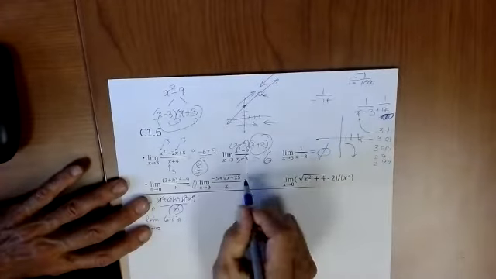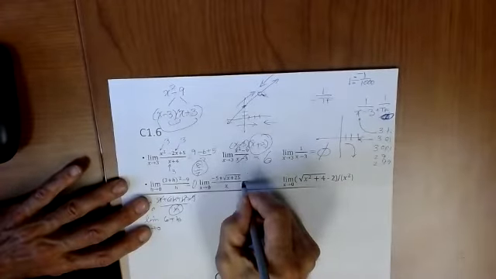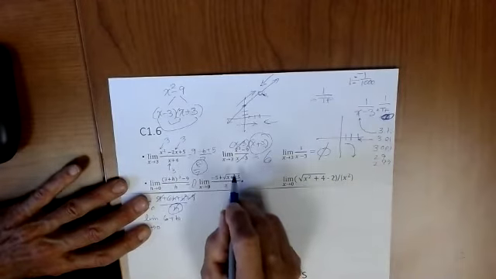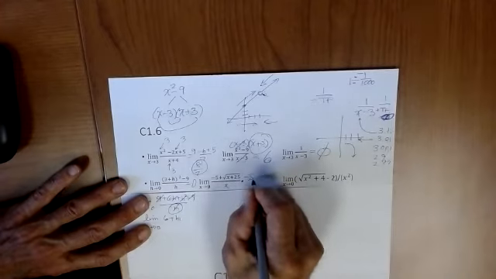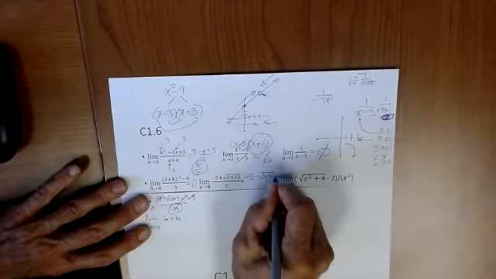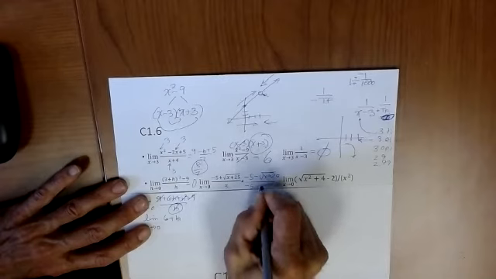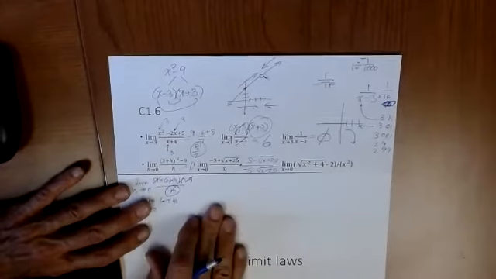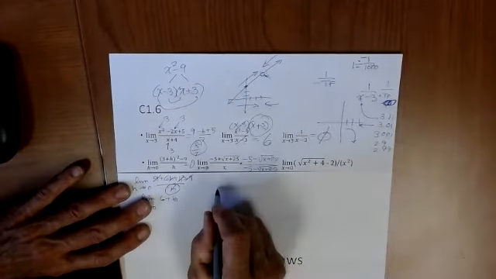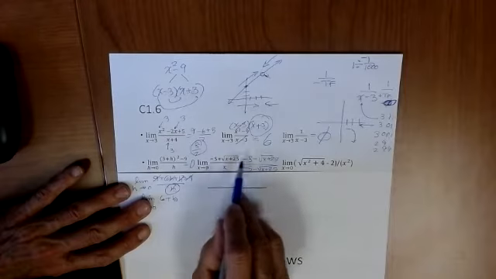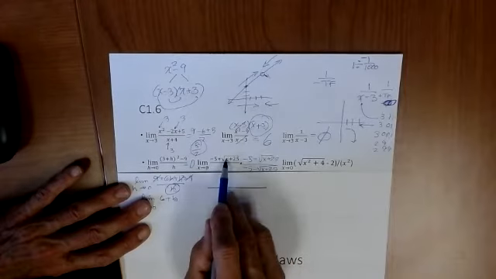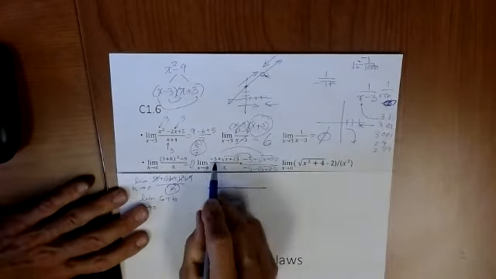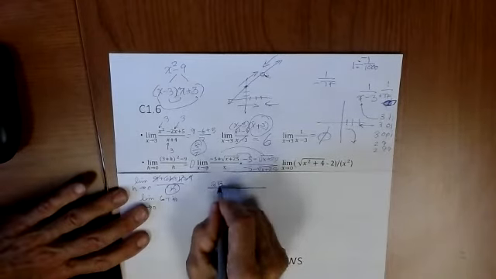So I'm going to go down here and I'm going to multiply by the conjugate. This should always work in a root problem. So I'm going to multiply by negative 5 minus the root and negative 5 minus the root. You got to do the same thing on top and bottom or you'll change the value of the fraction. Okay? And now look what happens. On the top, because these are conjugates of each other, the outers and the inners will go away. So I'm going to take negative 5 times negative 5 is 25.